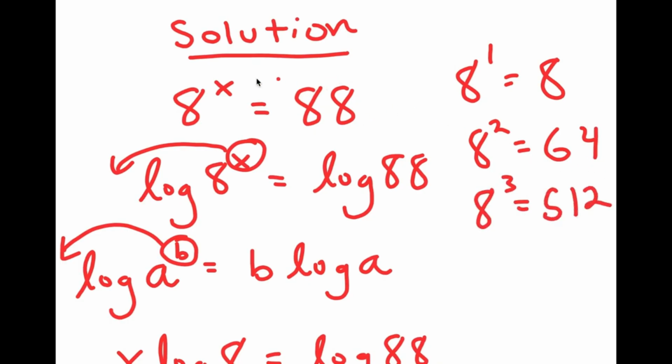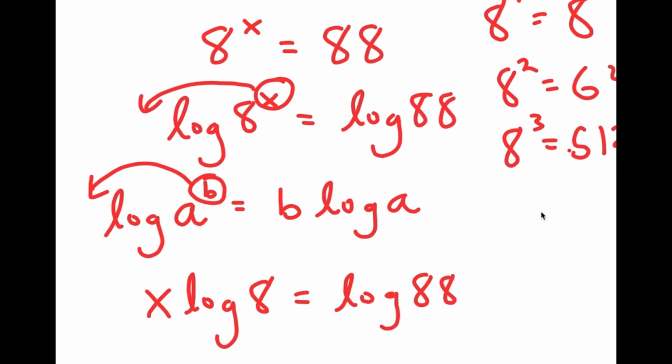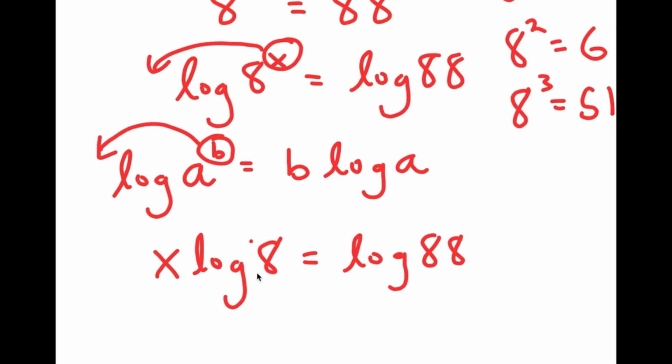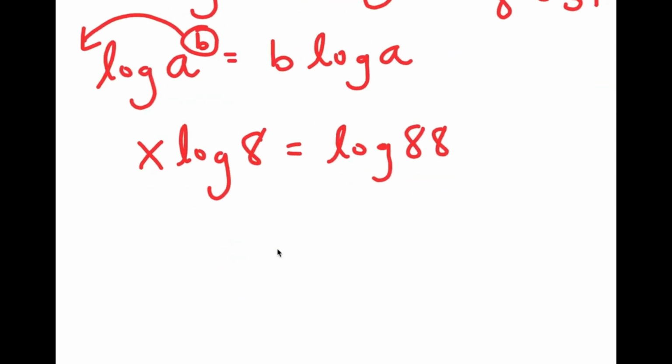And we want to find what value of x results in 88, which is somewhere in between 2 and 3, but we don't know exactly where because it's going to be a decimal. So we can't really find the exact value of x when x is in exponent form. So this is why we can make it into a real term using this property, and now it's much simpler to solve for it.